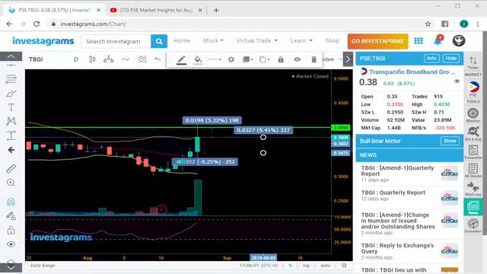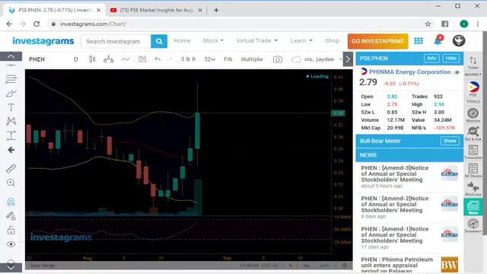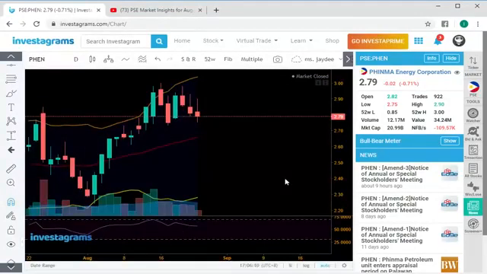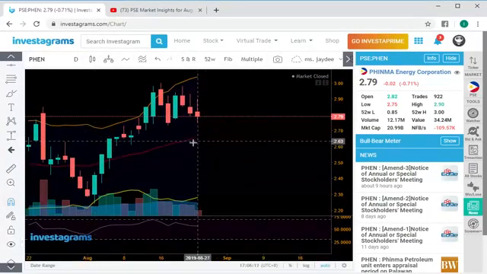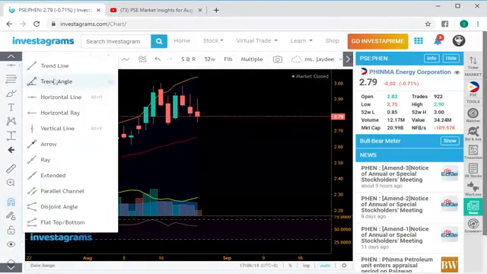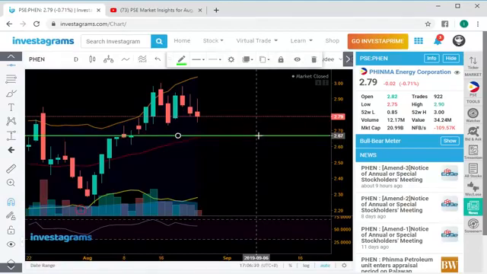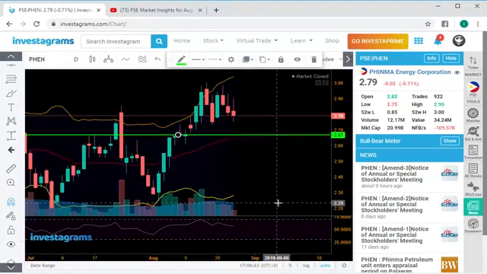Next is FEN. How does FEN look like today? FEN might reach your MA20 line, so let's use that line as our possible area of focus or area of support.